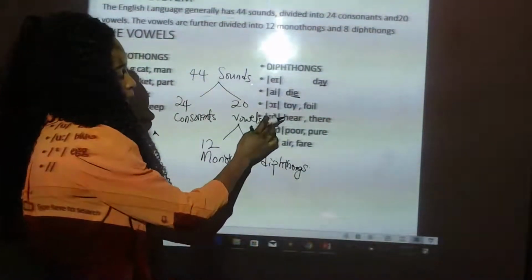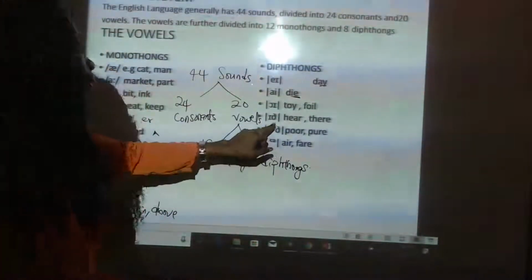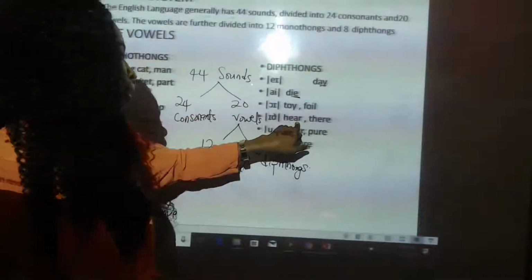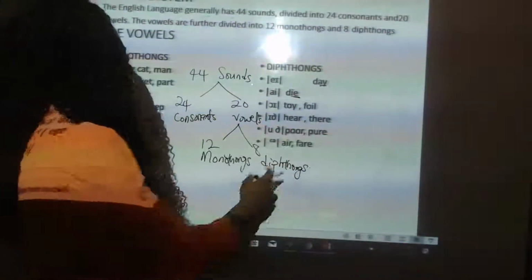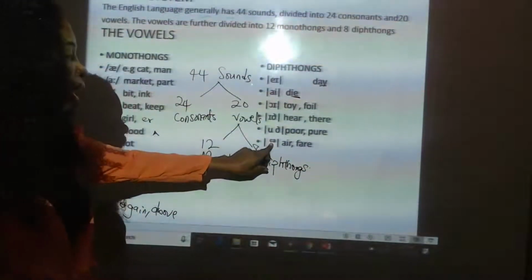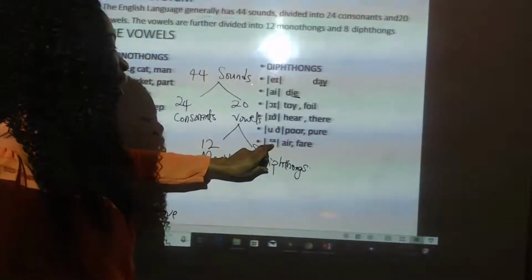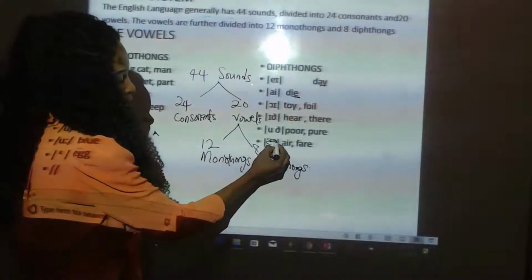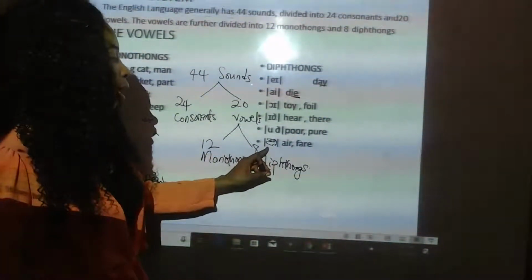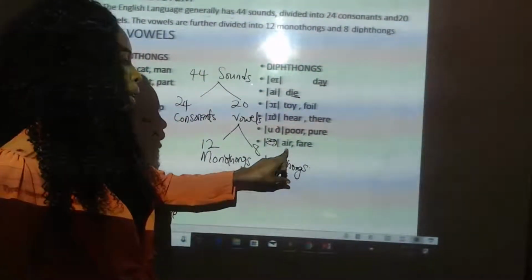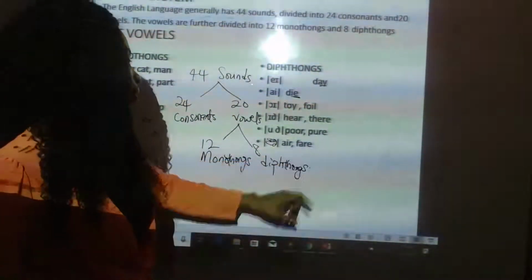Next is ear, the diphthong ear. For example, here, there, pure. Next we have the diphthong air. Air, air, air. For example, air and fair.